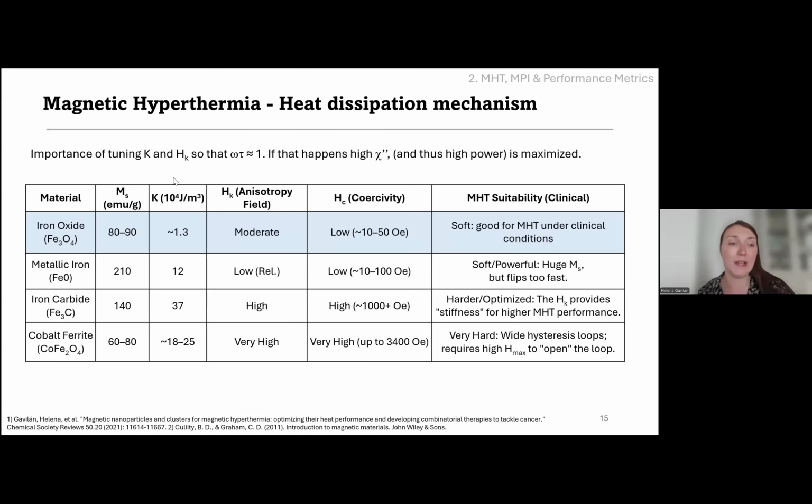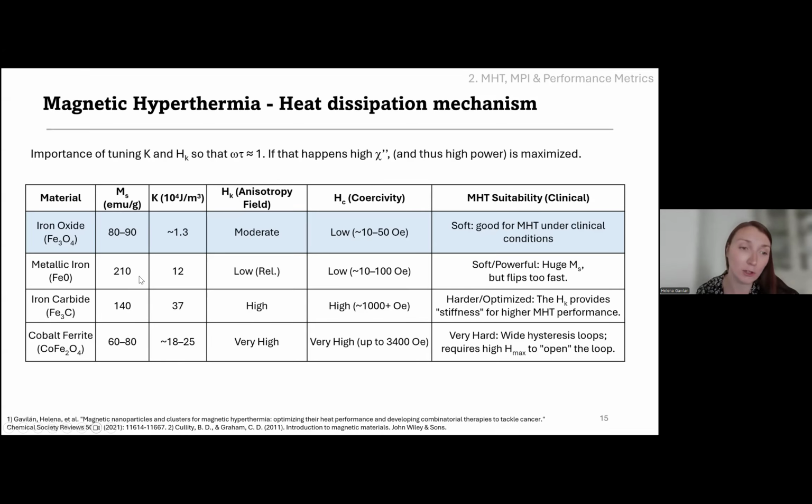Okay, so when we look at the different materials that I showed you, the saturation magnetization, anisotropy constant, anisotropy field, coercivity, we see that iron oxides, like magnetite, are soft and are good for magnetic hyperthermia under clinical conditions.